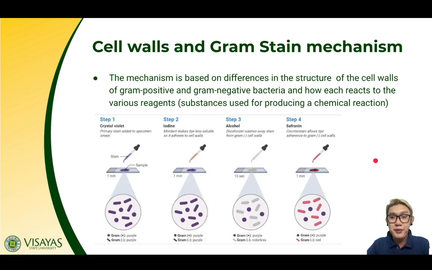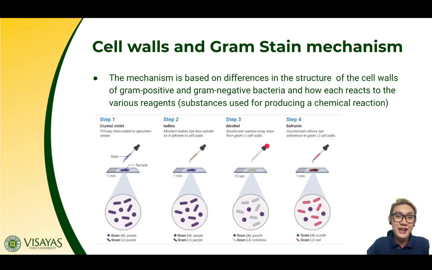It's very important in early diagnosis, especially in medical cases when an infection has already become severe. The first thing to do is to determine the Gram reaction, or the cell wall of the bacteria, in order to administer the proper antibiotics, and also in classification, so Gram staining is needed.